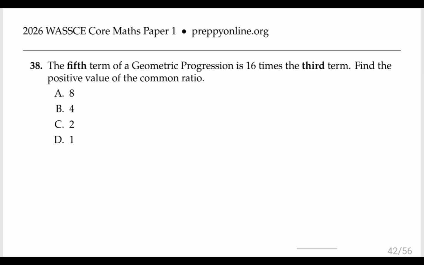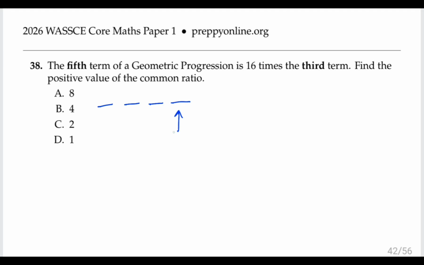Question 38. The fifth term of a geometric progression is 16 times the third term. Find the positive value of the common ratio. So in a geometric progression, let's say you have your terms like that going, and we are told that the fifth term, let's call this the fifth term.